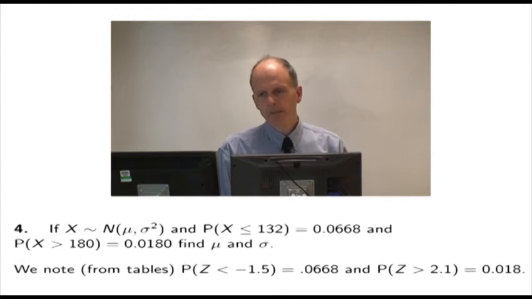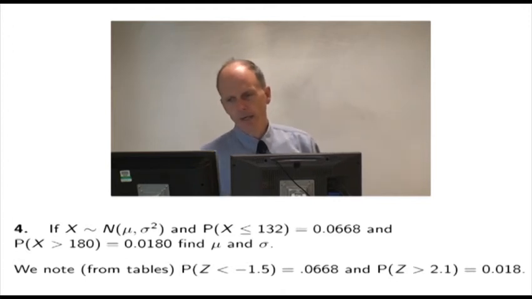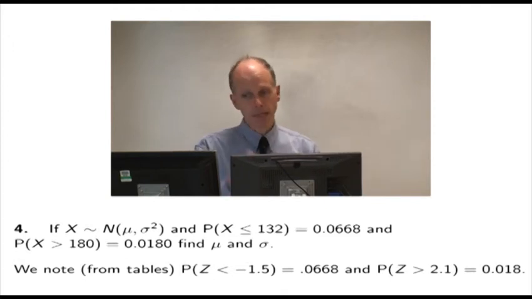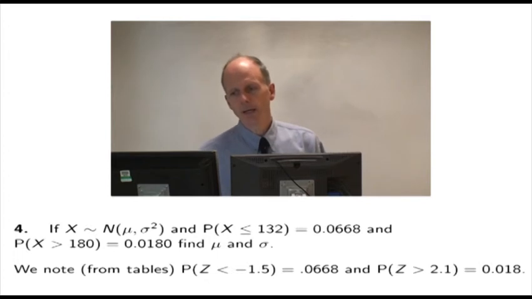So first of all, the probability that a standard normal random variable is less than minus 1.5, we can find as 0.0668. The value minus 1.5 wouldn't be in the tables, but plus 1.5 would be. And using the symmetry and the total area 1, we could find that using the inverse tables to get this quantity.